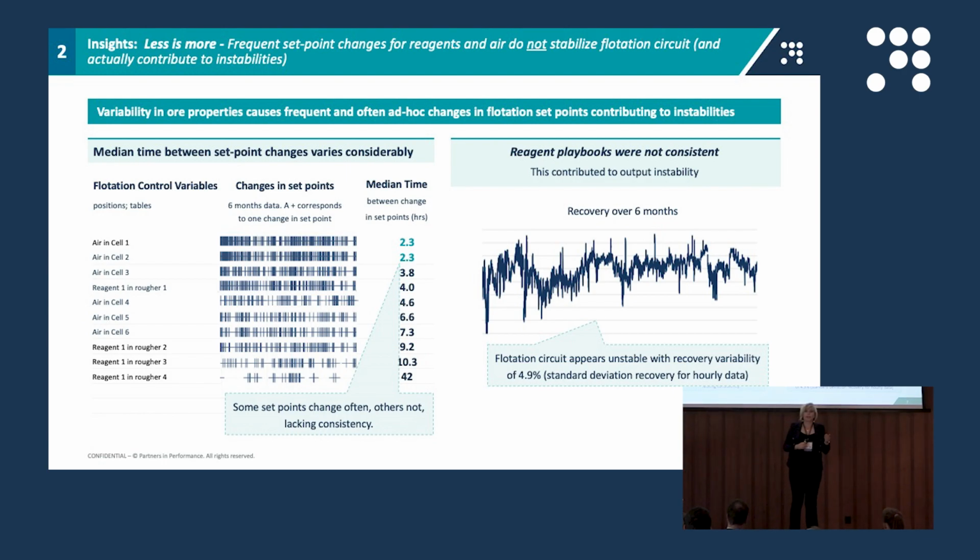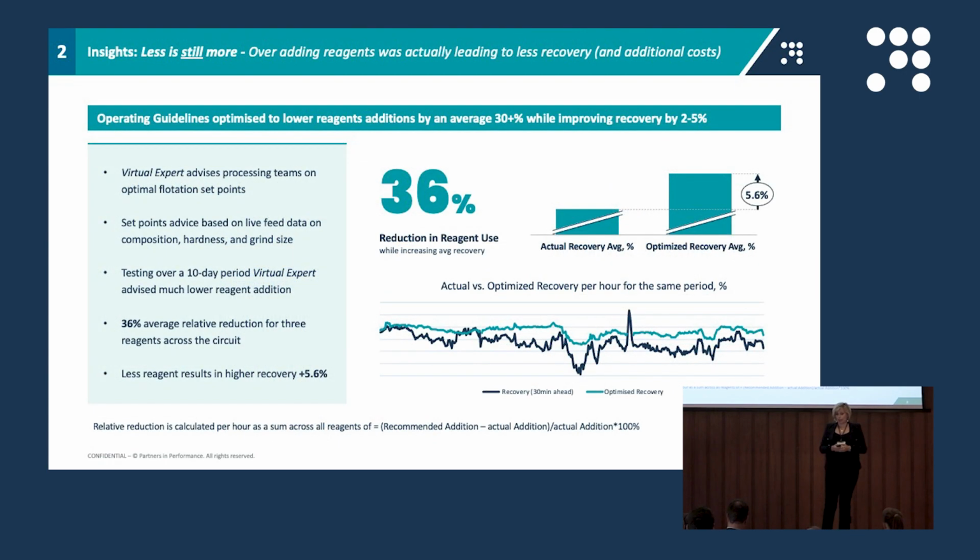What we often see is what we call over-control. Sometimes, in the attempt to stabilize the circuit, operators cause high variability in the circuit. And very often, one of the insights is just do not touch it very often. The second insight is less is more. If we really try to optimize the circuit for profit, it's a combination of increasing valuable metal and increasing recovery.